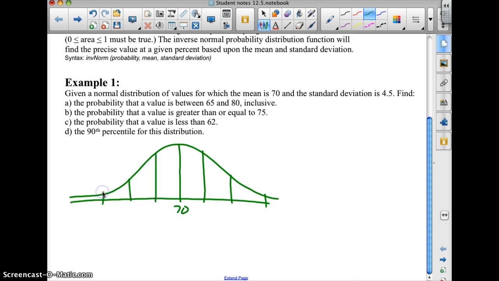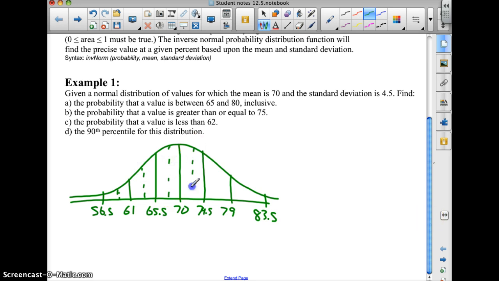So this is going to be like 74.5, this is 79, this one is 83.5. And then going down this way, this is 65.5, this is 61, and this one is going to be 56.5.